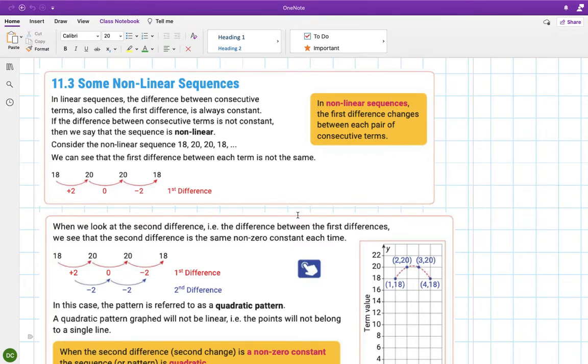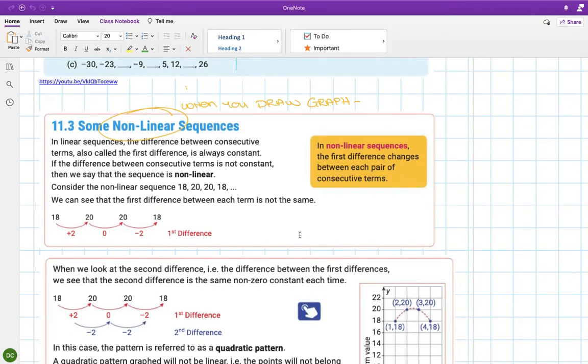Okay, so these are sequences that when you draw the graph, you will not get a straight line. Okay, non-linear, not a straight line.